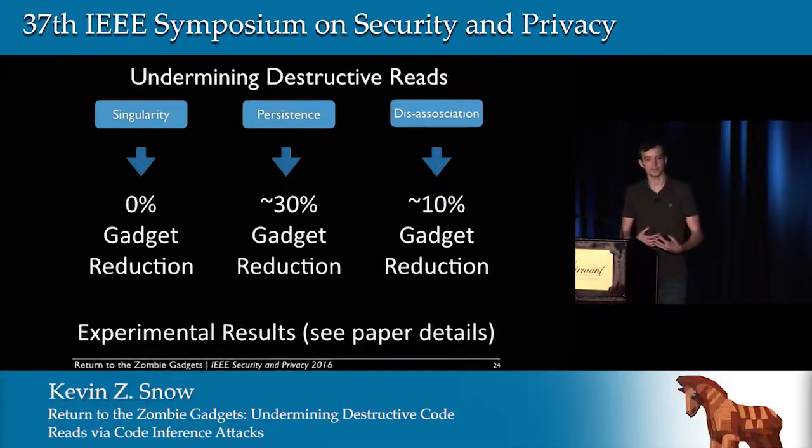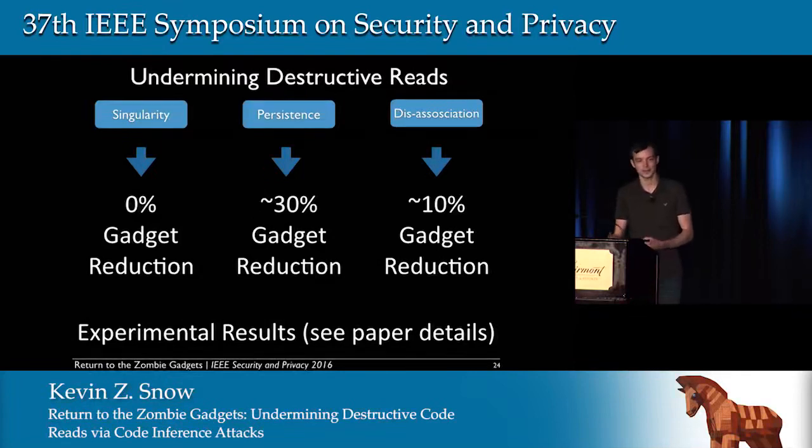So just to sum things up, we looked at 3 different attacks with 3 different implicit assumptions. The first attack using the JITted code regions, since we can generate as much JITted code as we want, destructive code reads provided no reduction in the percentage of gadgets.